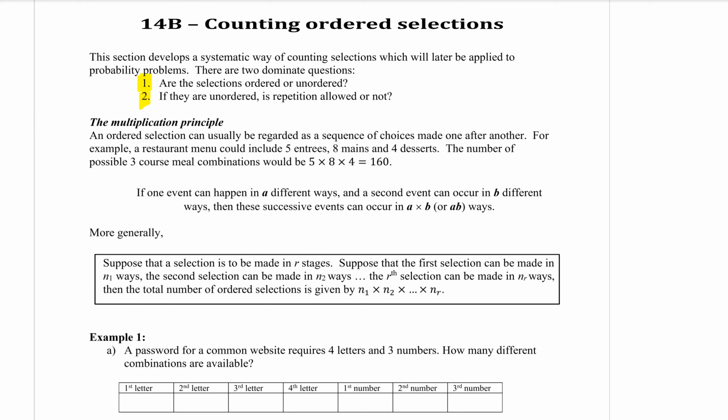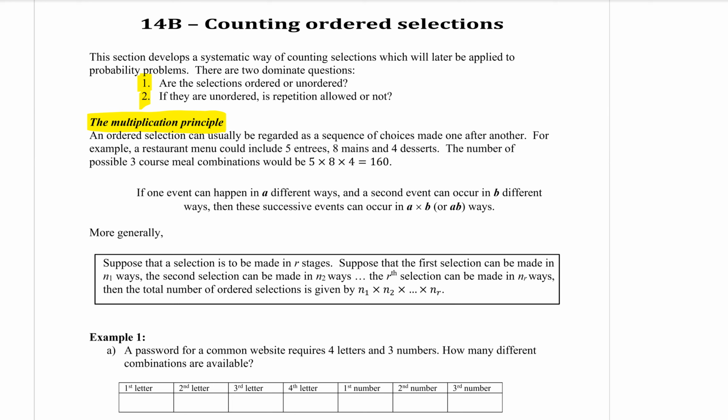The first one, which you've probably seen before, is the multiplication principle. Rule number 1. An ordered selection can usually be regarded as a sequence of choices made one after the other. So for example, if you went to a restaurant, you might have to choose an entree, a main, and a dessert. What if there are 5 entrees, 8 mains, and 4 desserts?